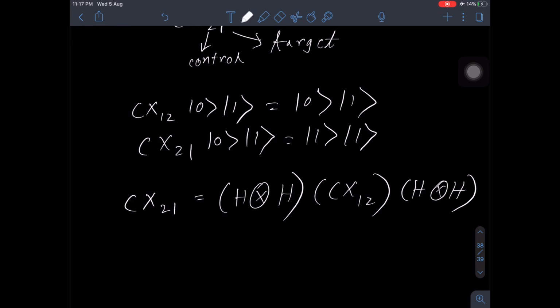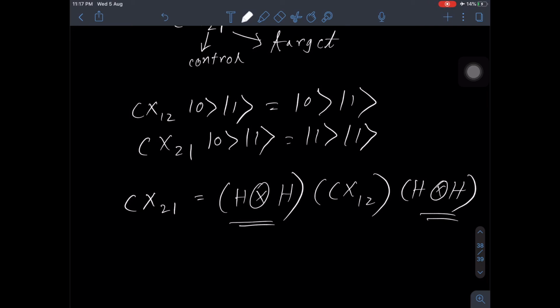Okay, so this is something very interesting, because by just applying Hadamard gates before and after, you can prove that the roles of the target and the control qubit swap.